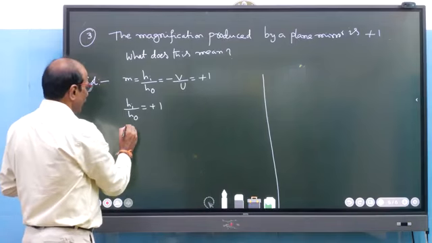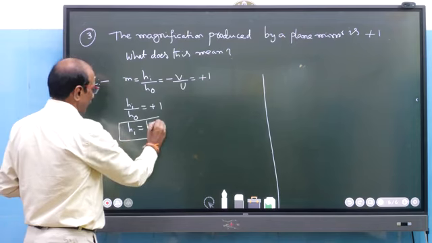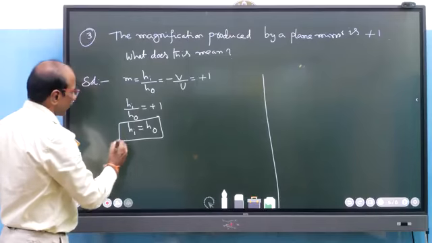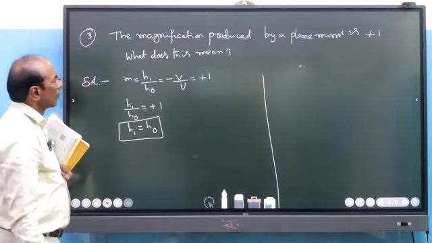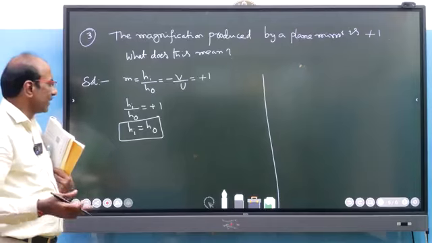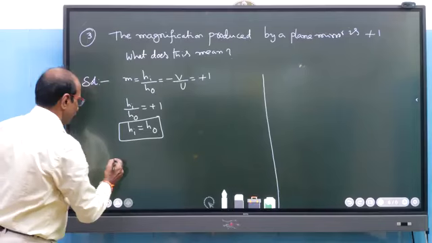That means height of the image equals height of the object, so the size of the image equals the size of the object.